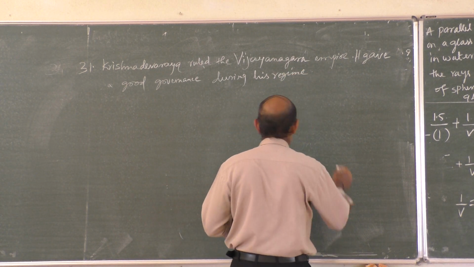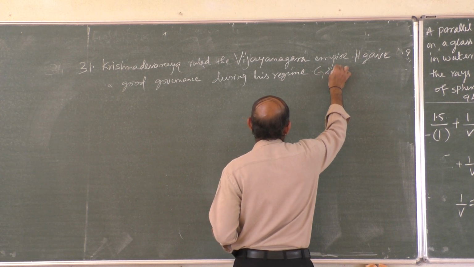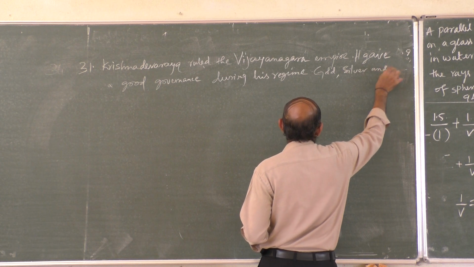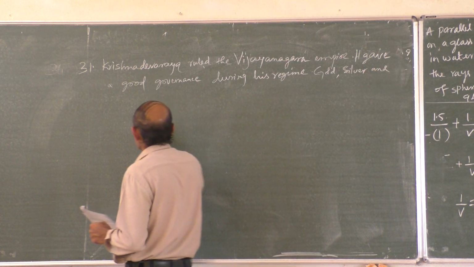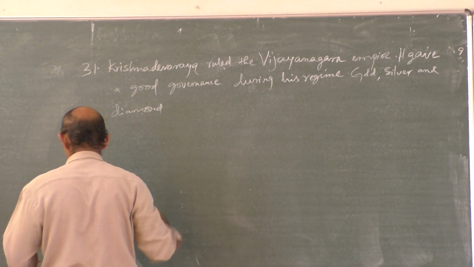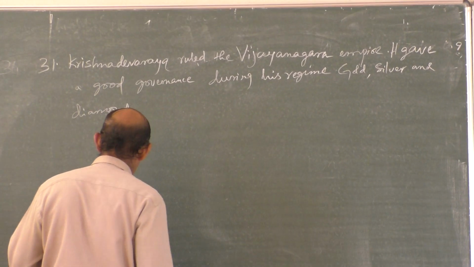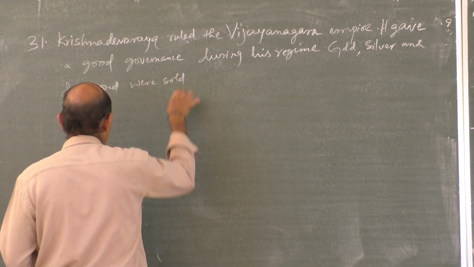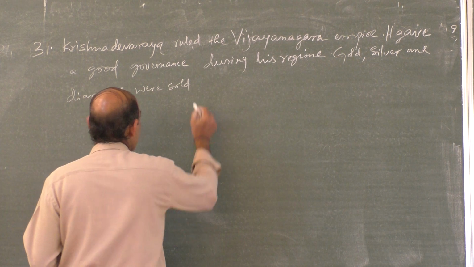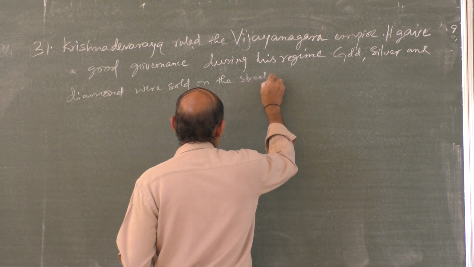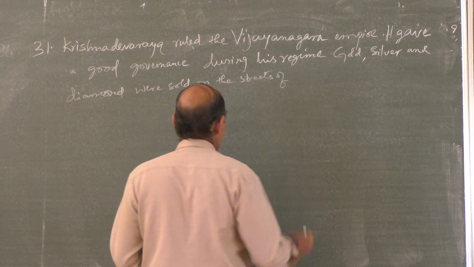Gold, silver and diamond were sold on the streets of Vijayanagara.